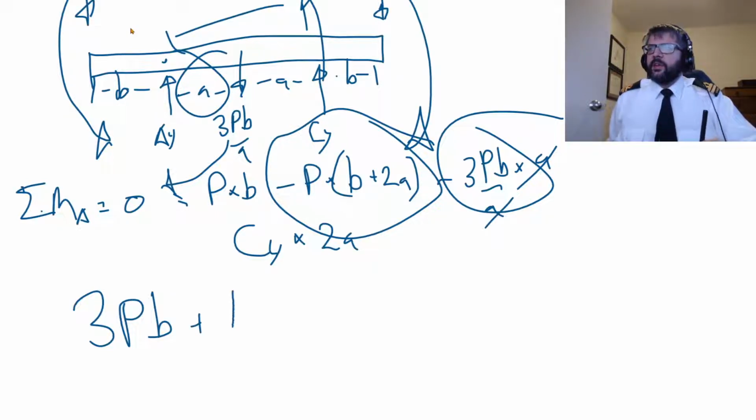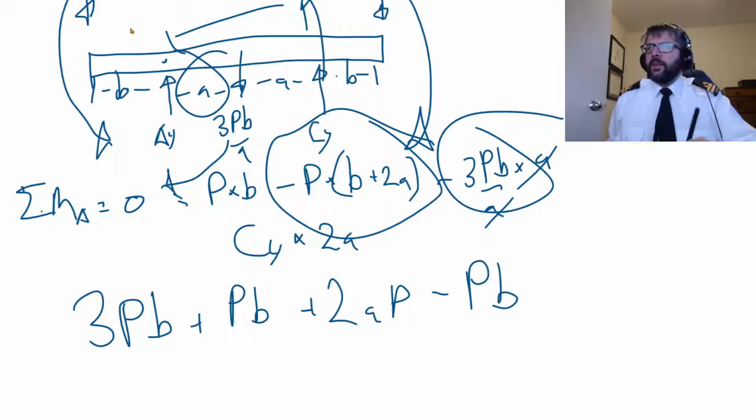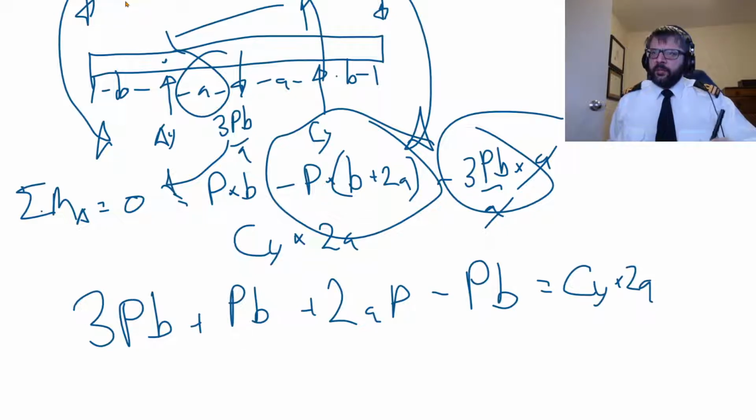So plus PB plus 2aP, and then minus this term here, minus PB, is equal to Cy times 2a. All right, so how many PBs do we have here? That one cancels out that one.